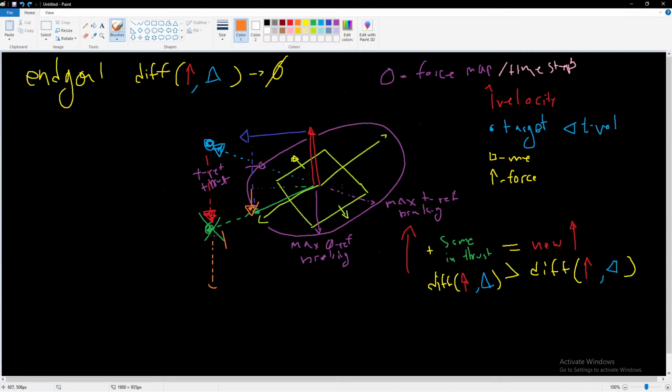Got it. With our velocity, with our thrust, we can speed up halfway and slow down halfway, which shouldn't be too hard to calculate.